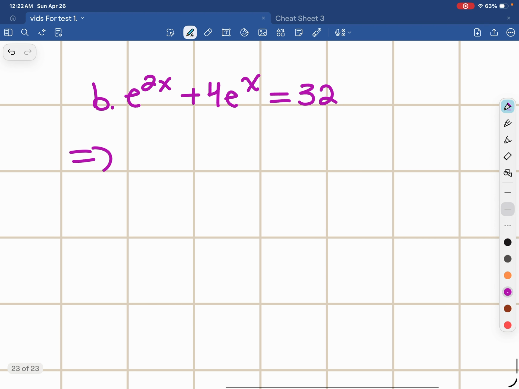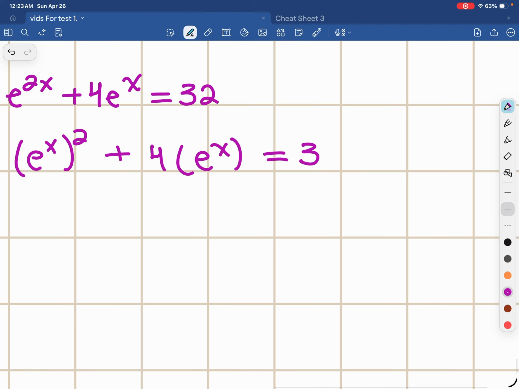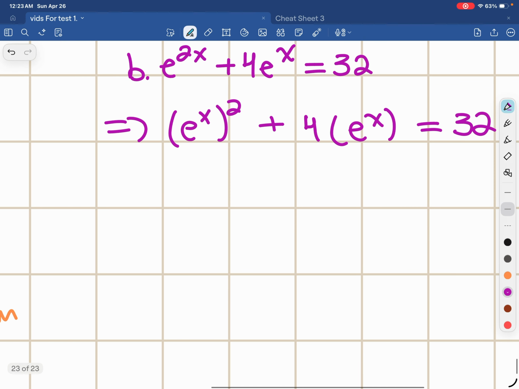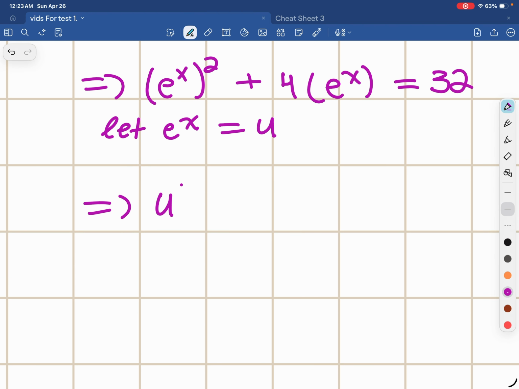So we should have e to the x squared, plus, we'll separate this term, 4 times e to the x is equal to 32. Beautiful. We'll make the notation of let e to the x equal u, and we should get u squared plus 4u equals 32.